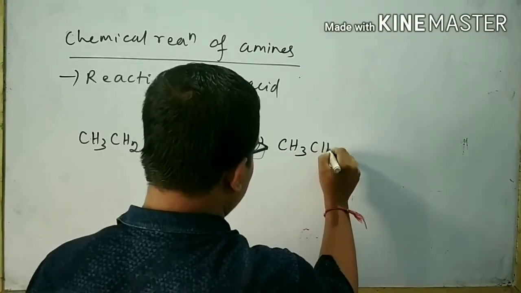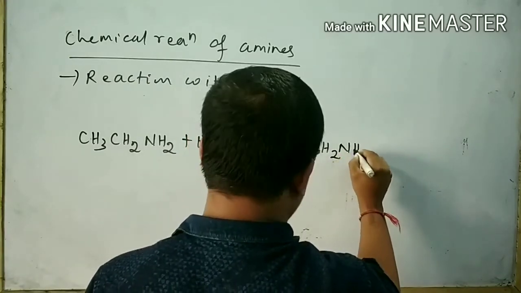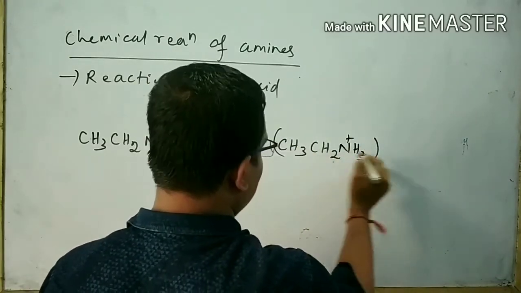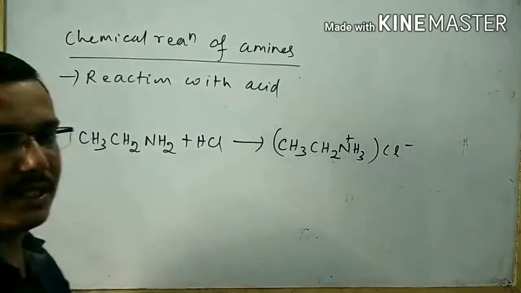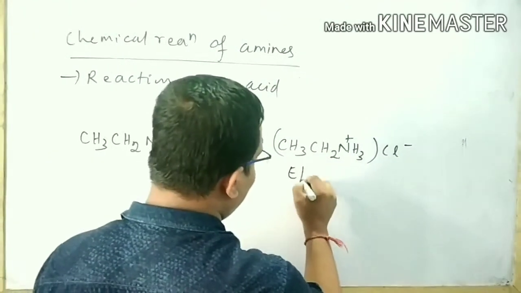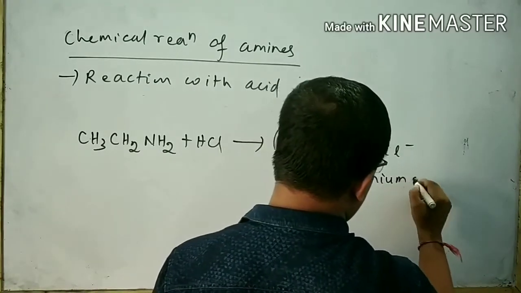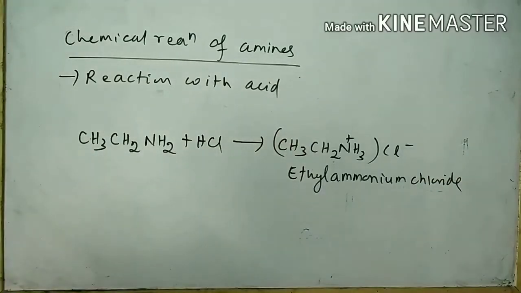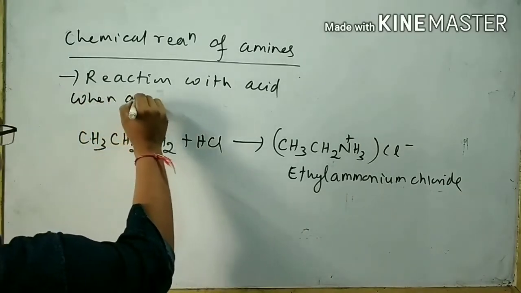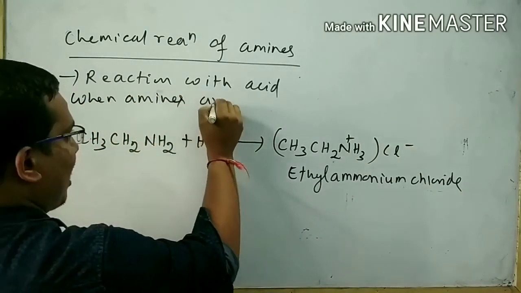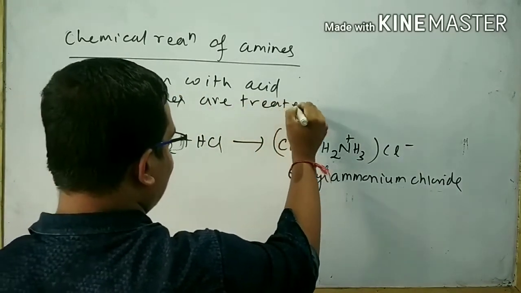That is CH3CH2NH3+ Cl-. The name of this compound is ethyl ammonium chloride.